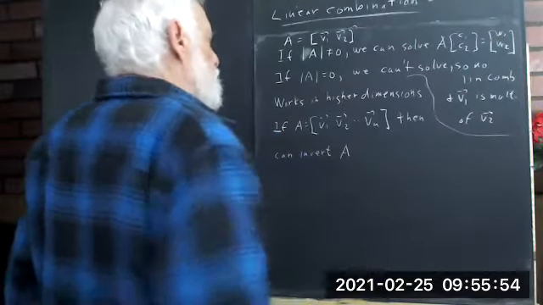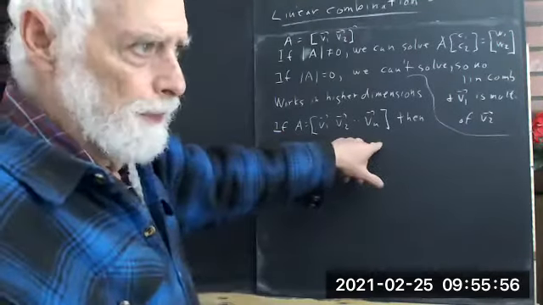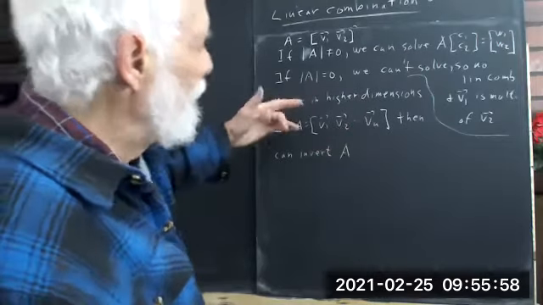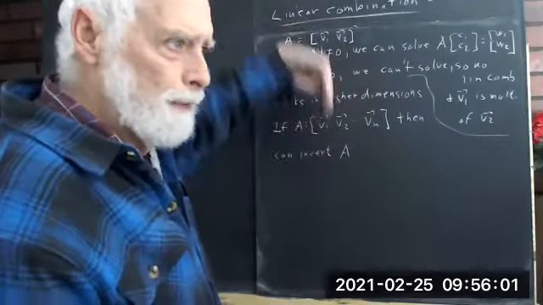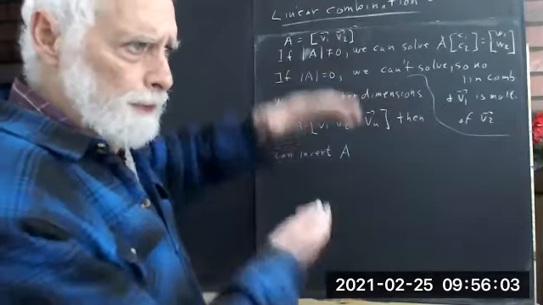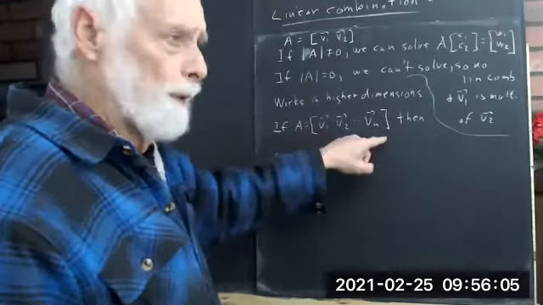If A is one of these, meaning, of course, you have n vectors, all of length n, think column vectors of length n, that gives you a square matrix.